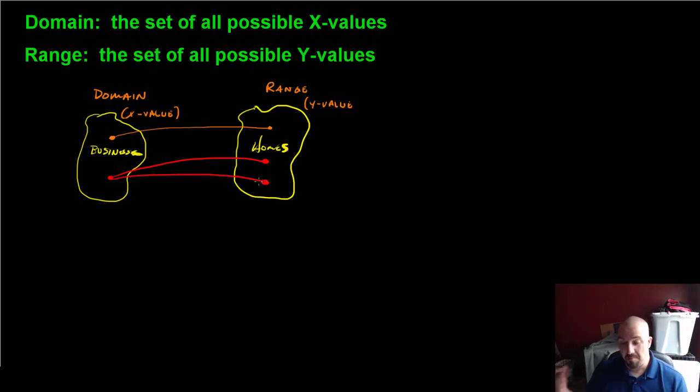And by now you're probably like, well, I certainly hope so. Because if not, that's either a very rich customer or that business is going out of business. So this is a relation. Each business, in this set, as far as what we're considering, has at least one connection to a customer with a home.